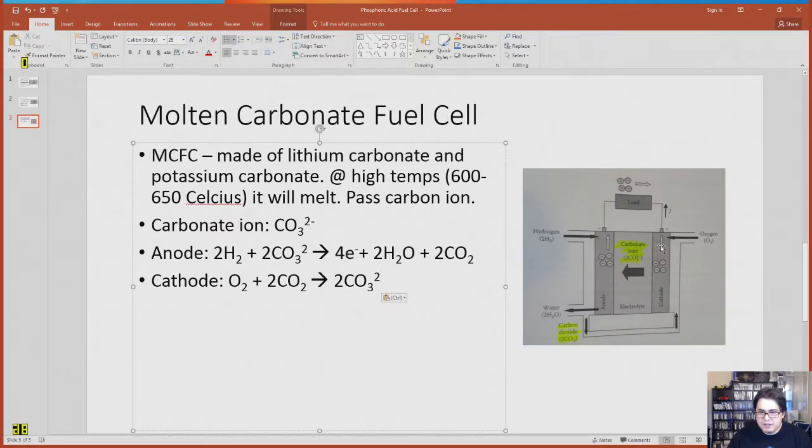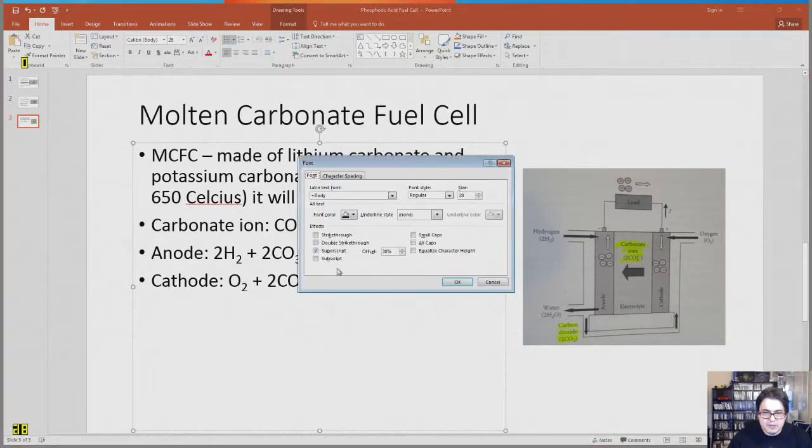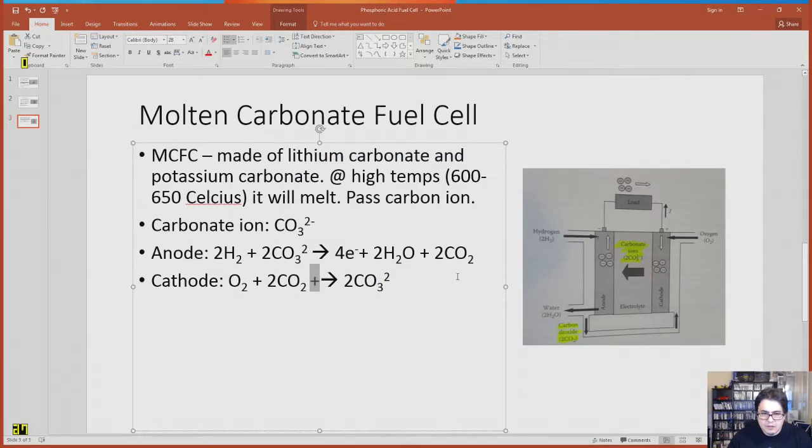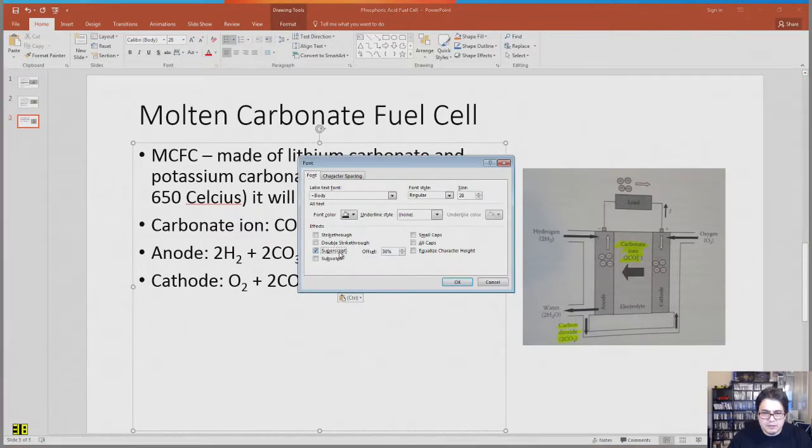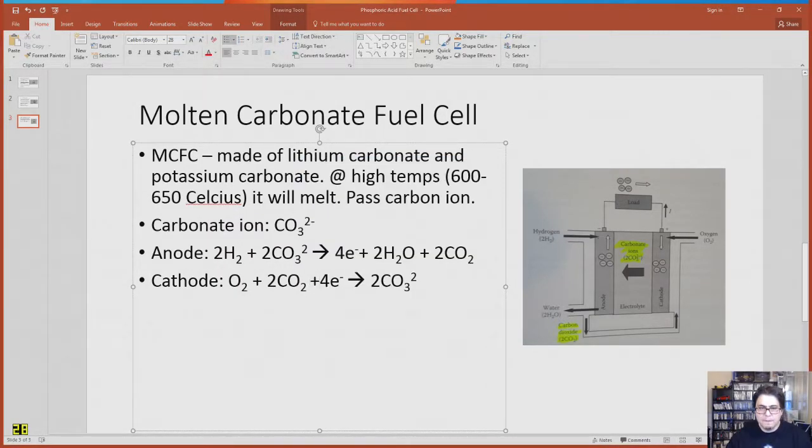And we've got to think of the electrons, right? To balance those equations, we had 4 electrons come in. So here we've got to add in right here plus 4 electrons. There we go.